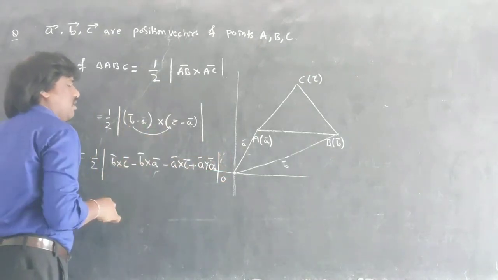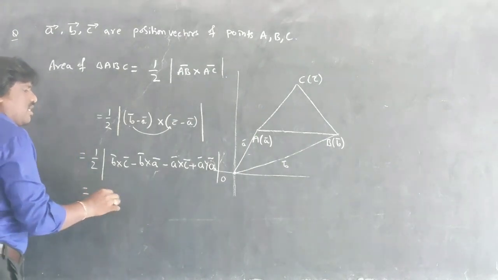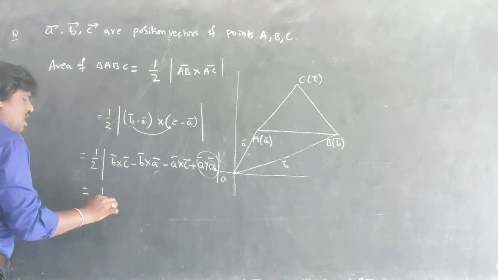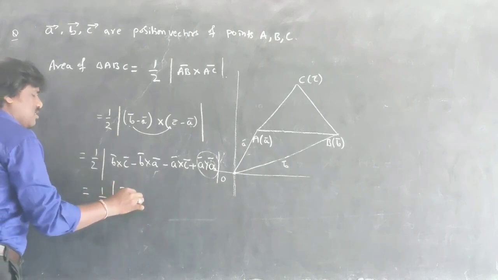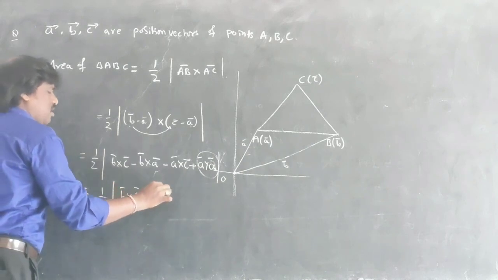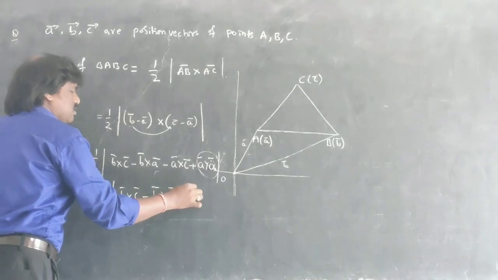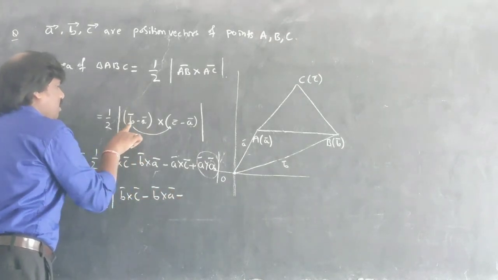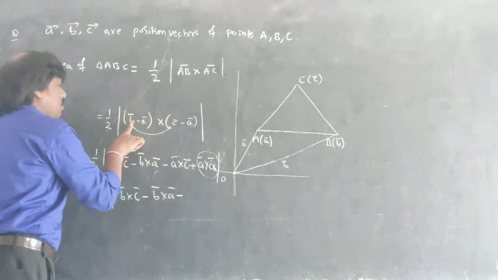You know that A cross A is 0. So what we got here is half of B cross C minus B cross A minus A cross C.